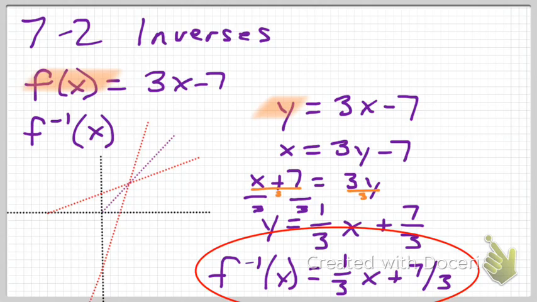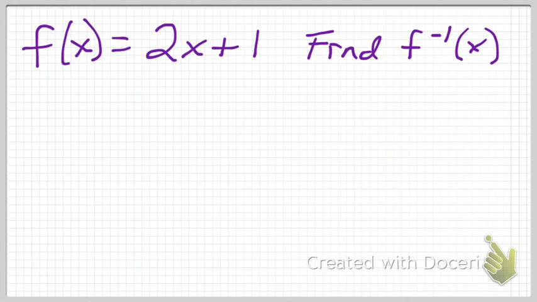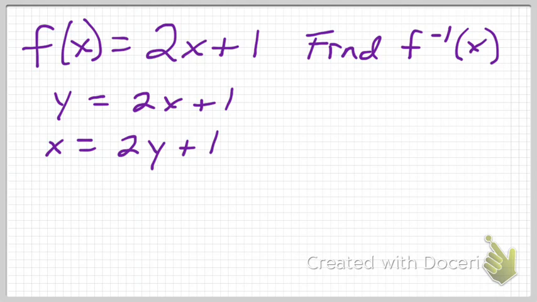Your turn. Find the inverse of f of x equals 2x plus 1. Okay, so step 1, change the f of x to a y. Step 2, switch the variables. Still haven't done any math.